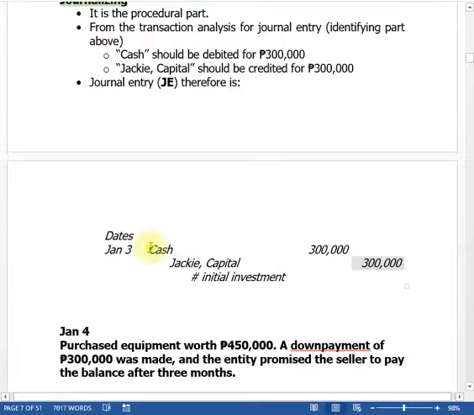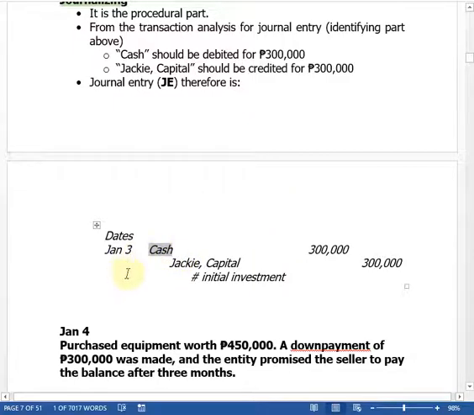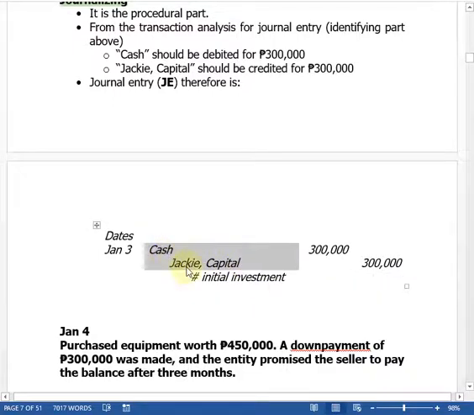So again, the amount of the debit and credits are the same. That is to maintain the equality of the debits and credits at all times, in consonance also with the duality concept. As you can see, we have at least two accounts, the debit and the credit.